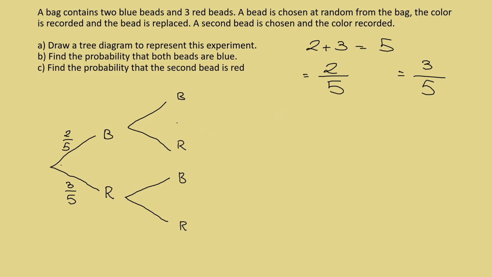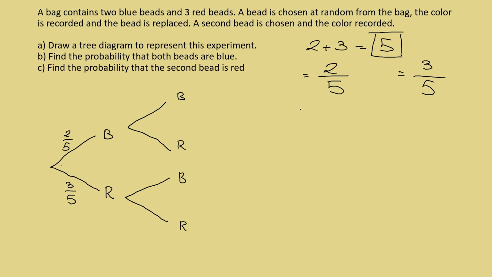Now, what about the next bead that's chosen? Now here it says that when the first bead is chosen, the bead is replaced, okay? So this means that, for example, if we've chosen a blue bead, we replace it with another blue bead. So this means that the total amount stays at 5. It doesn't change, okay? And there's still the same amount of blue beads and red beads.